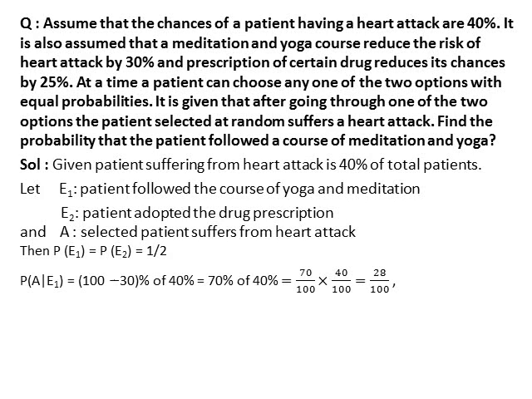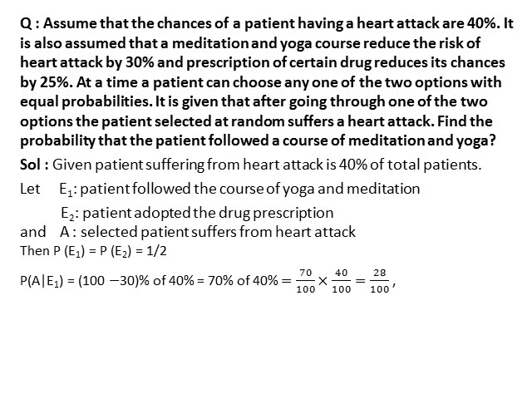Now, P(A given E1) equals probability that selected patient suffers from heart attack given that patient followed the course of meditation and yoga. According to the statement, meditation and yoga course reduces the risk of heart attack by 30%. So there is a 70% chance that patient suffers from heart attack even if he follows meditation and yoga course.